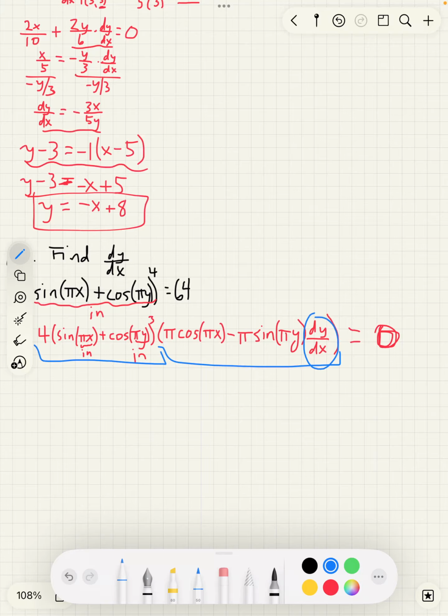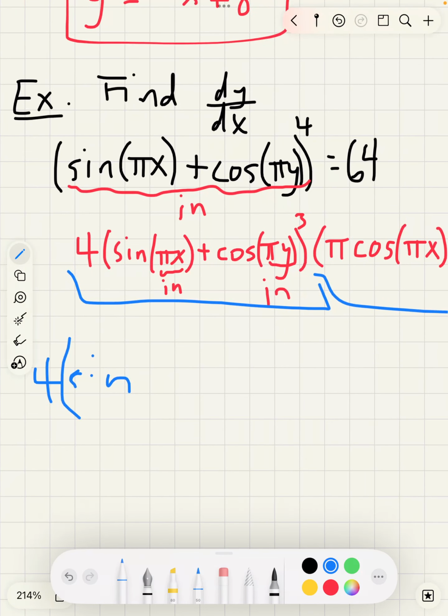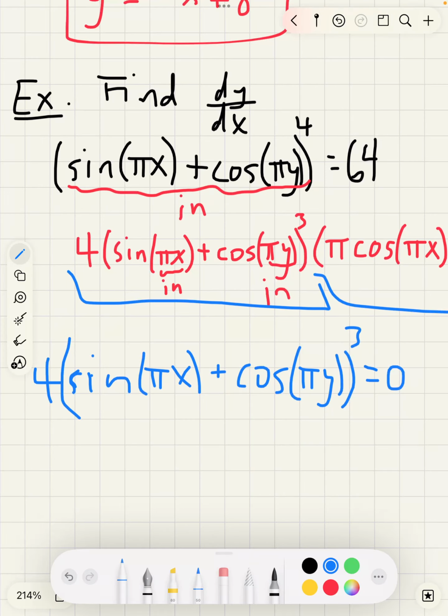So if I do 4 times sine of pi x plus cosine of pi y, cubed, equals 0, sure, that could have solutions, but remember, we don't really care about x or y.